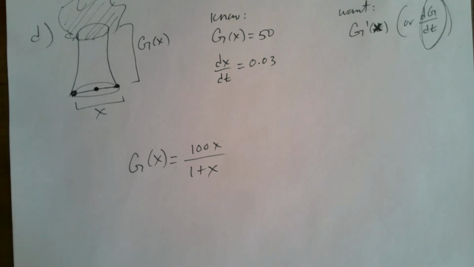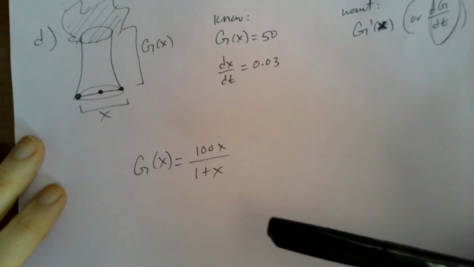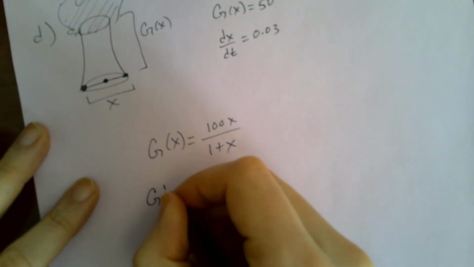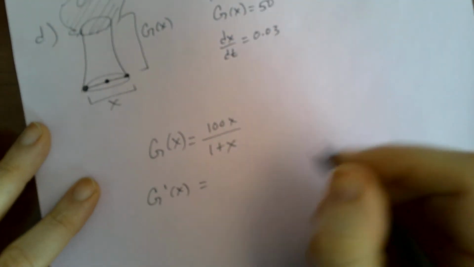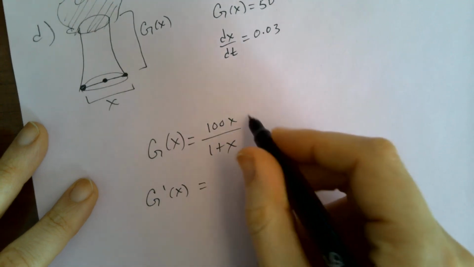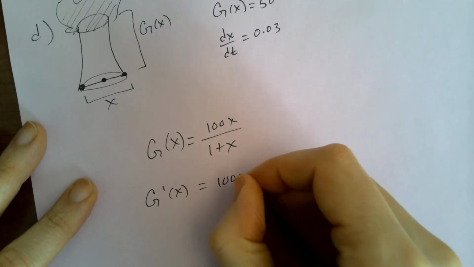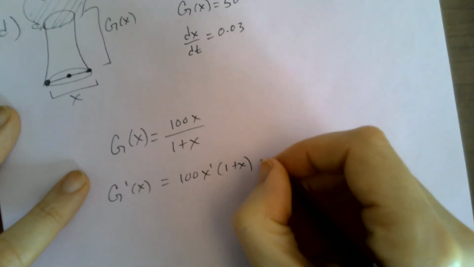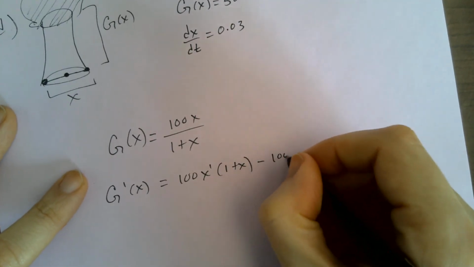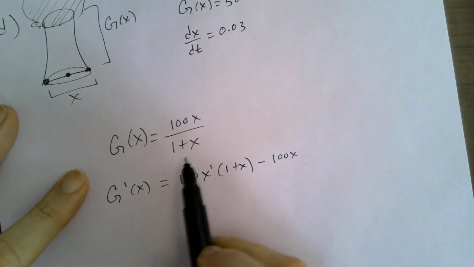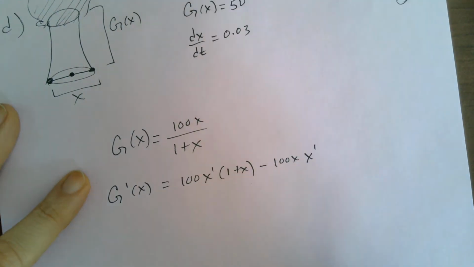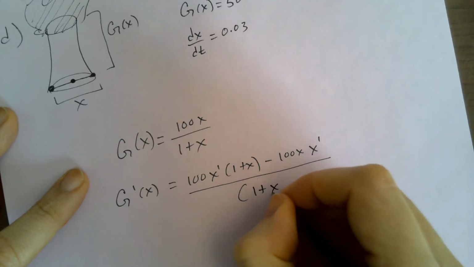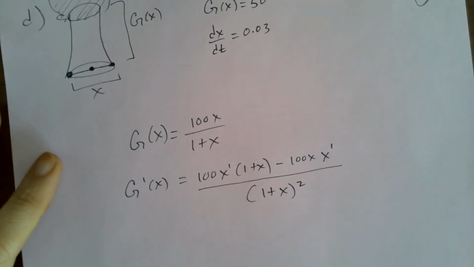Everything. So g prime of x equals, the derivative of the top is 100 x prime, bring up the bottom, minus the top times the derivative of the bottom, which is x prime, and then this is all over (1 plus x) squared.